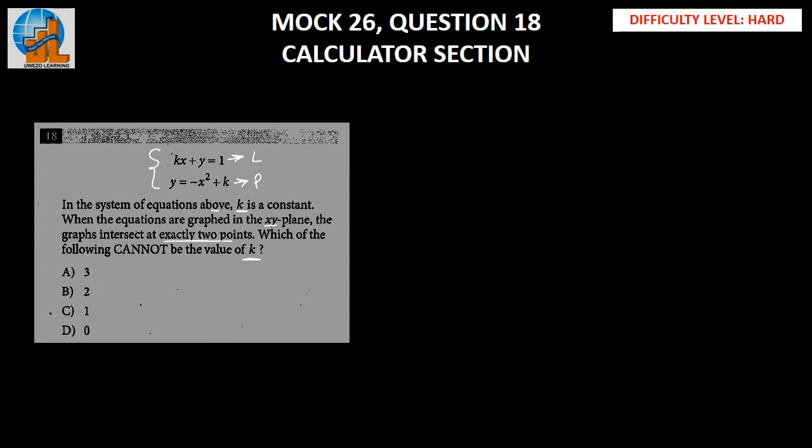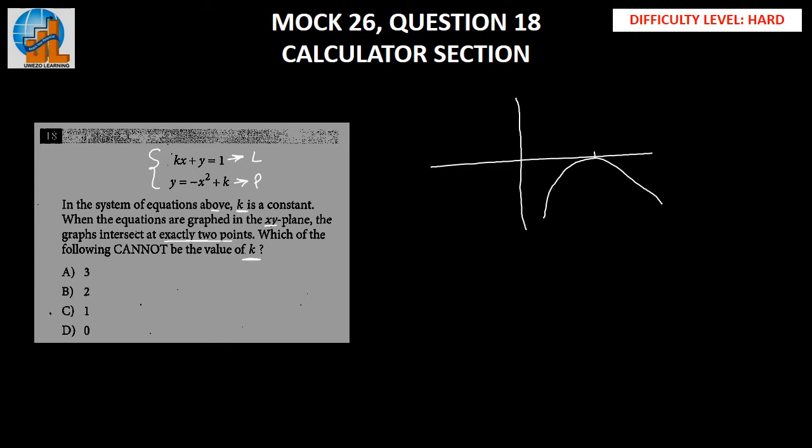So basically we need to find out the value of k for which this line and parabola do not intersect at 2 points. Now before we start, we know this parabola has to be a downward facing parabola.